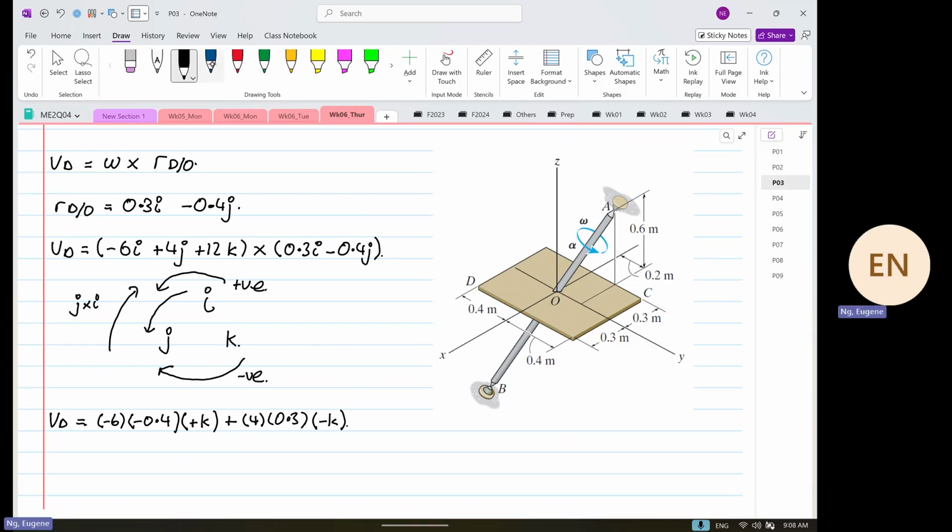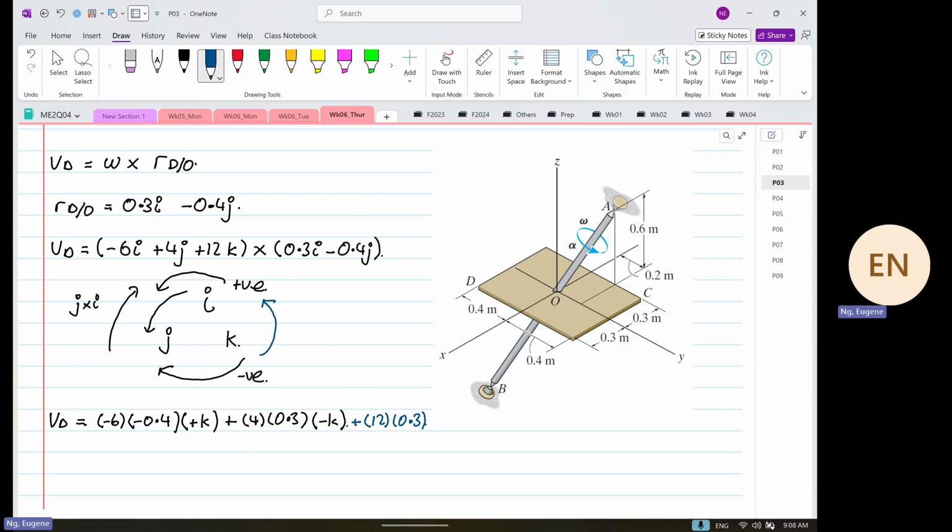Okay. I will use a different color because it looks kind of messy. Okay. J cross J, you can't do that. Okay. Now K cross I, so you put a positive down here. So K cross I is 12 multiplied by 0.3. So K cross I is going in what?